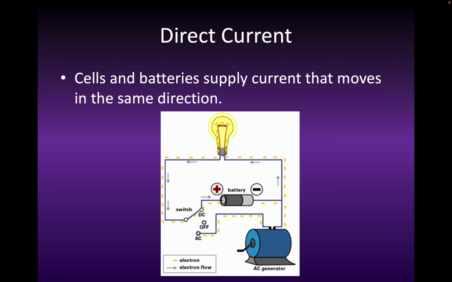If it's a battery, it will go from positive to negative, and in effect, what's really happening is electrons are going from negative to positive, but the convention is to show it the other way around in a circuit. If you have a generator, you can produce AC current.